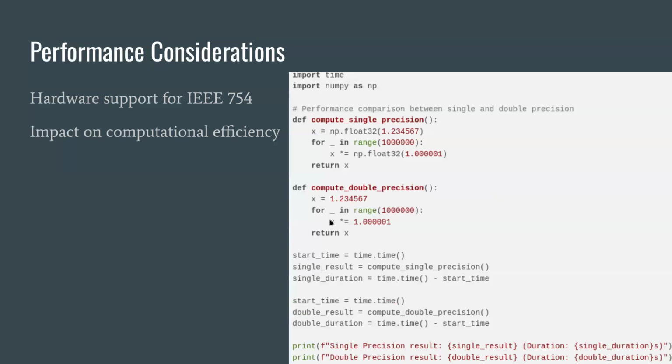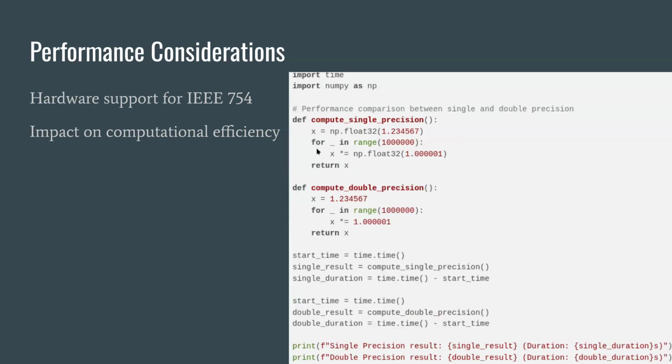If you're dealing with performance critical applications, it is important to balance the need for precision with the available computation resources. And here we have a code example that compares the performance of single and double precision floating point arithmetic.